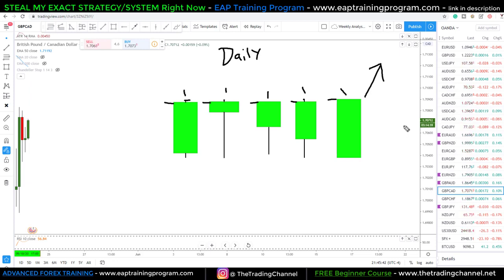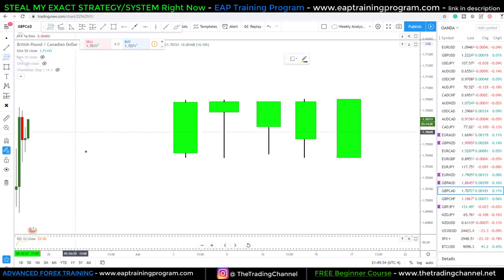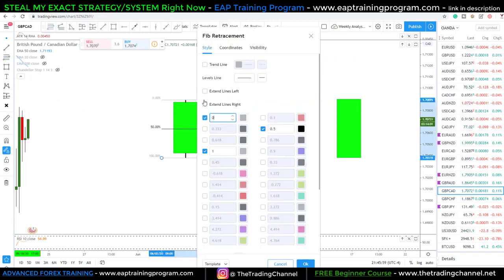And the way I define this, whenever I'm trading on a 4-hour chart, I mostly trade on 4-hour, you can set a Fibonacci retracement like this. Let me go ahead and show you how to identify the candle. So you can take a Fibonacci retracement. Let me put it on my candle. You can then adjust your Fibonacci retracement number, change it to 0.05.